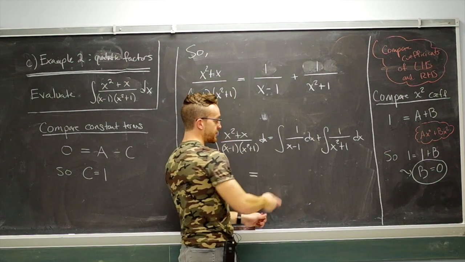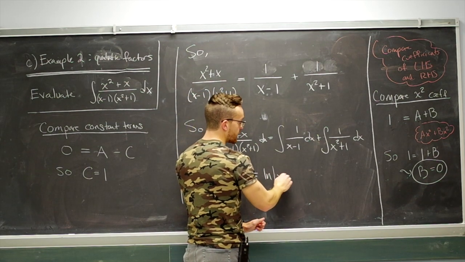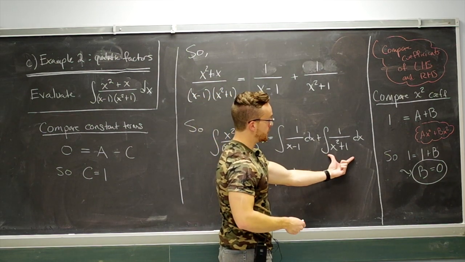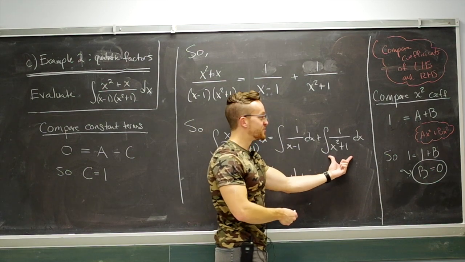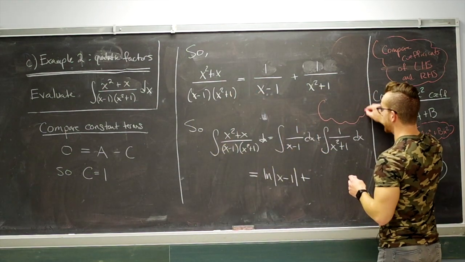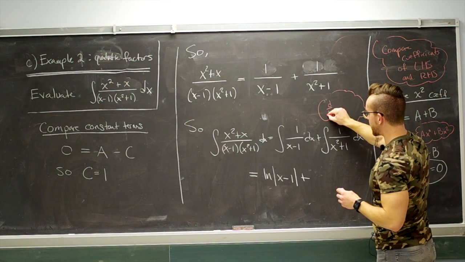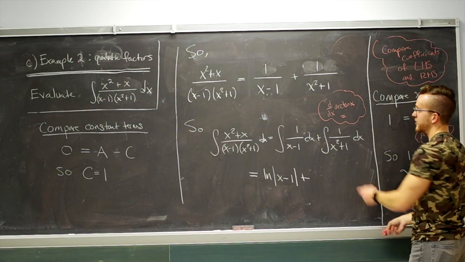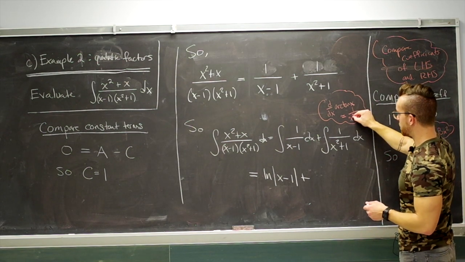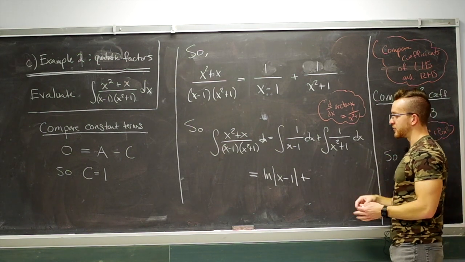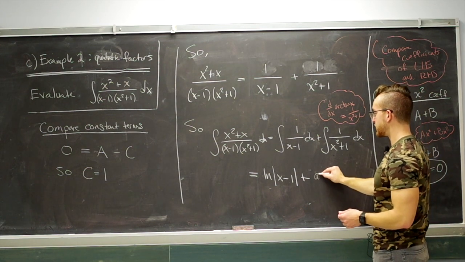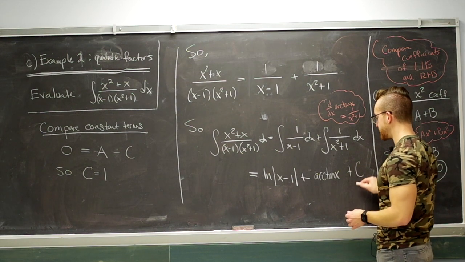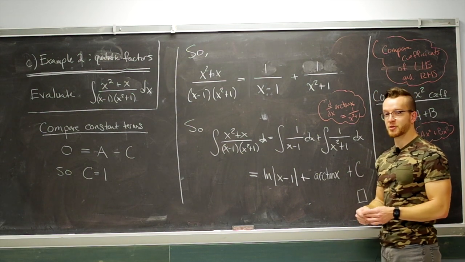Okay, so again, like last time, the antiderivative here is log of absolute x minus 1, plus, here you could either do a trig substitution, or you could just remember that the derivative of arctangent is exactly 1 over x squared plus 1. So therefore, the antiderivative of 1 over x squared plus 1 is arctangent. Throw in a constant, and we're done.